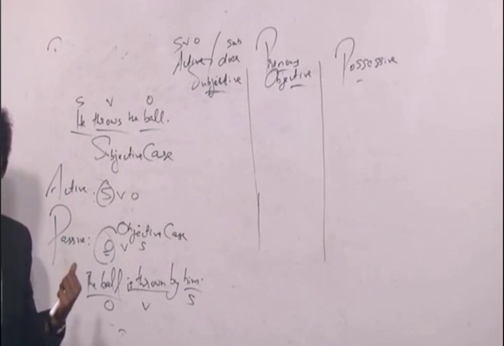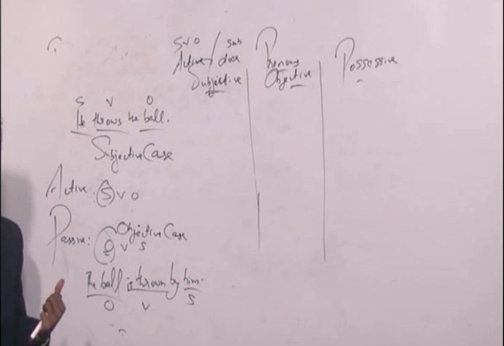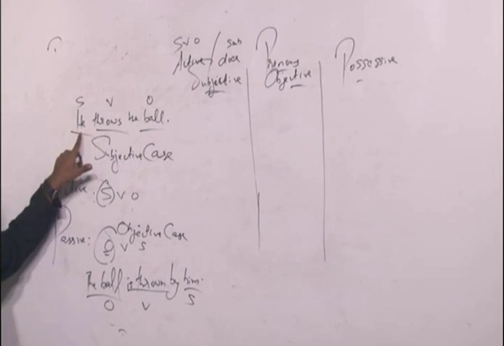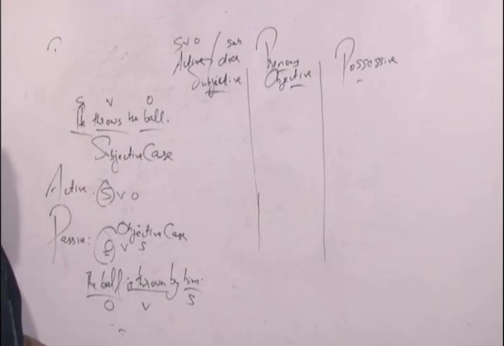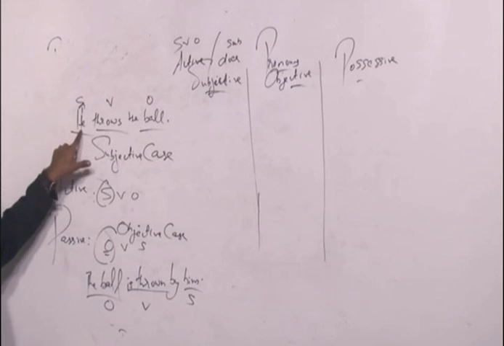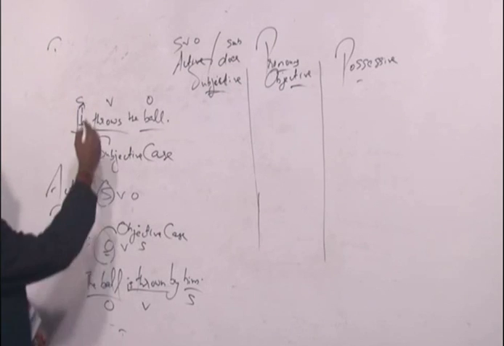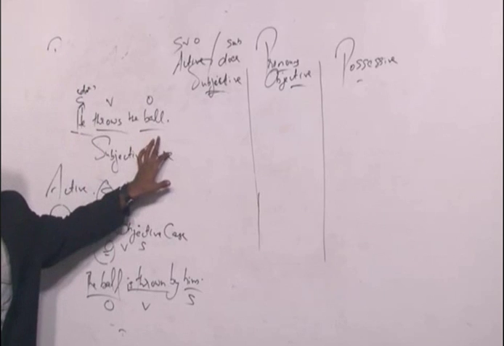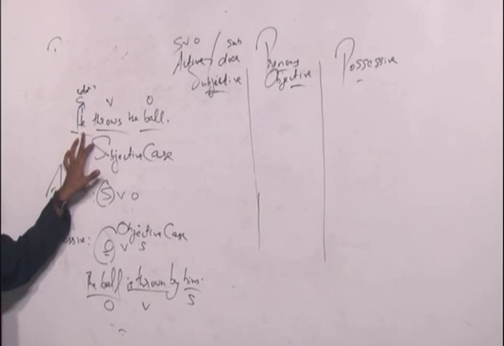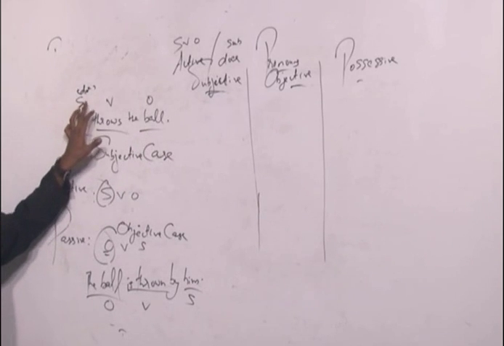What is the pronoun in this sentence? The pronoun in this sentence is he, right? He is acting as a doer or receiver here? He is acting as a subject here. And subject means what? The doer. So this sentence is in the active voice. He is a pronoun in this sentence, and he is acting as a doer here.